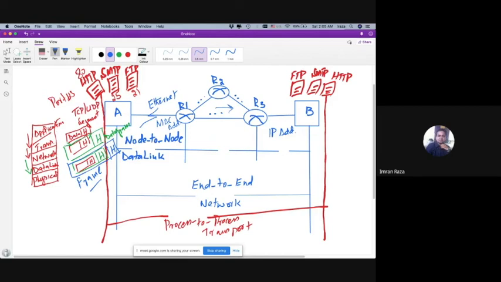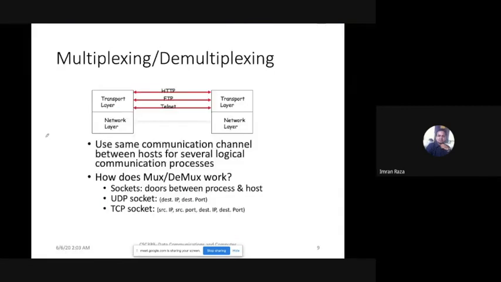Right. So there's an interface, or you can call it doors, through which data is forwarded to the application layer. These interfaces or doors between the processes and host are known as sockets.